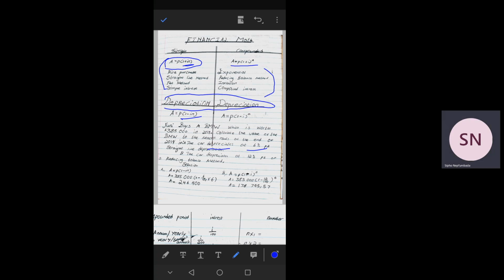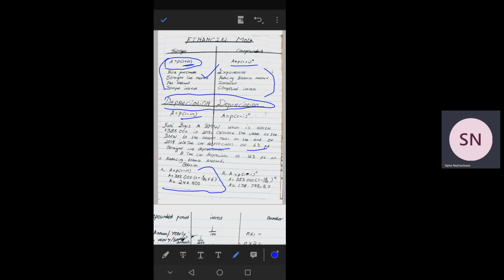Straight line for a car is simple interest, so we use the formula for simple interest. The 6% we divide by 100 because it is per annum.